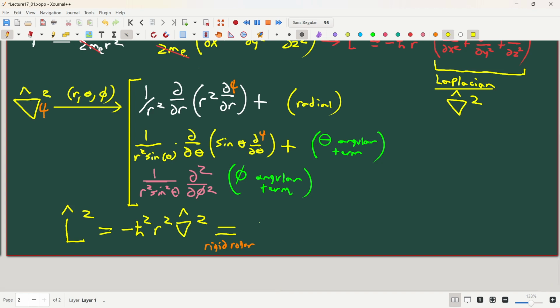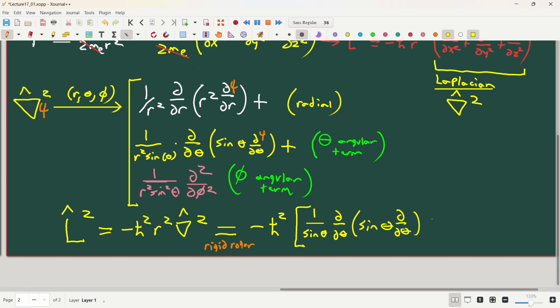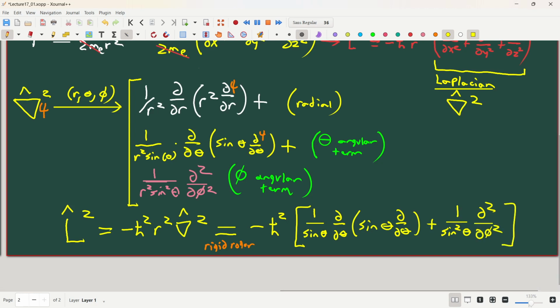So this ends up being minus h bar squared times 1 over sine theta d by d theta of sine theta d by d theta, plus 1 over sine squared theta times the second derivative with respect to phi.